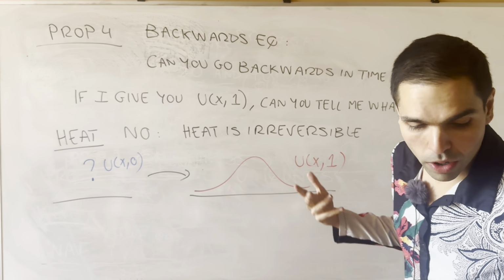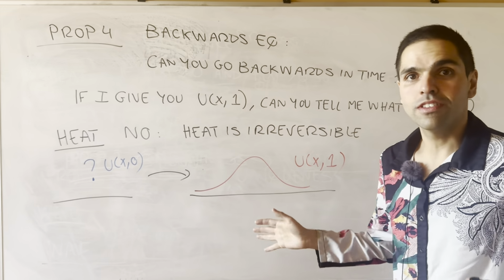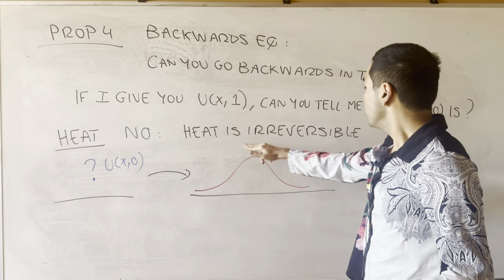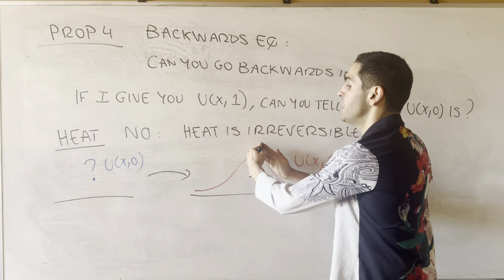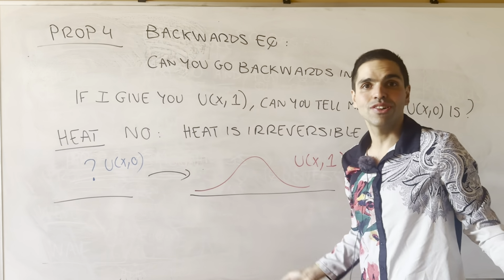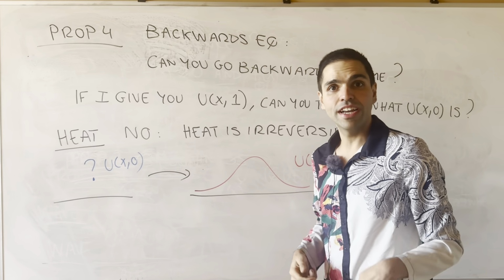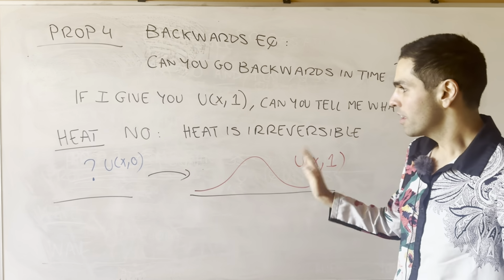One reason for this is the backwards heat equation is ill-posed: if u of x,1 has a kink, then in general no initial condition can produce it, because heat equations are automatically smooth.